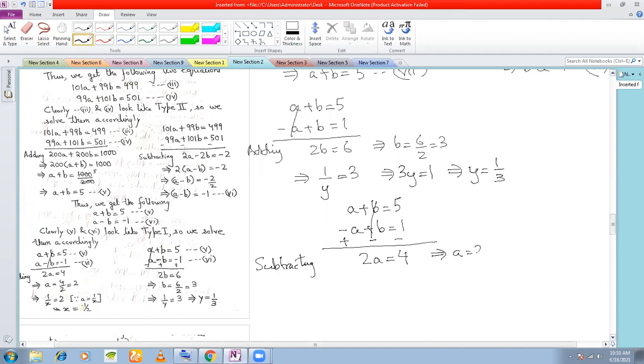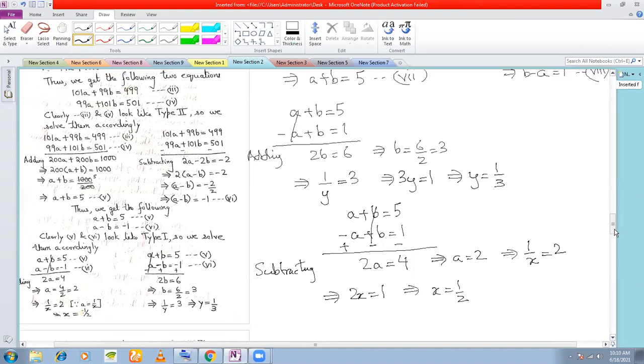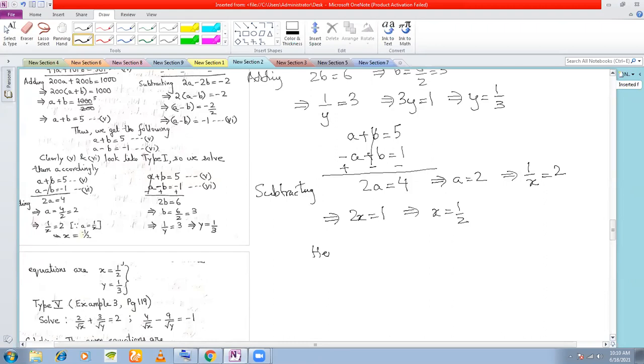That means a you get as 2. What was a we had taken? We had taken a as 1 by x. That means now cross multiply to get 2x is equal to 1. That means you get the value of x as half. Hence the solutions are x is equal to half and y is equal to 1/3.